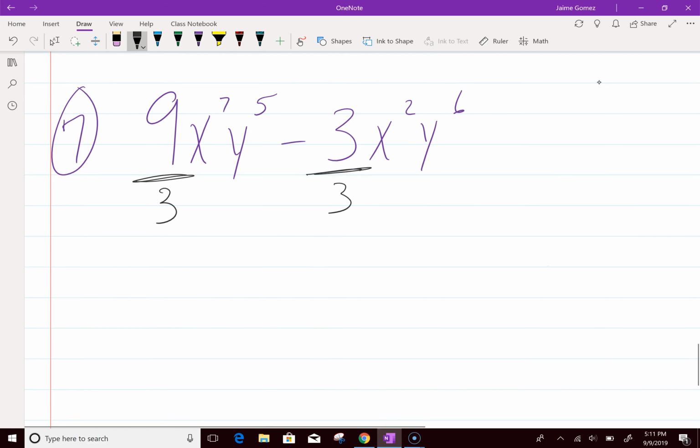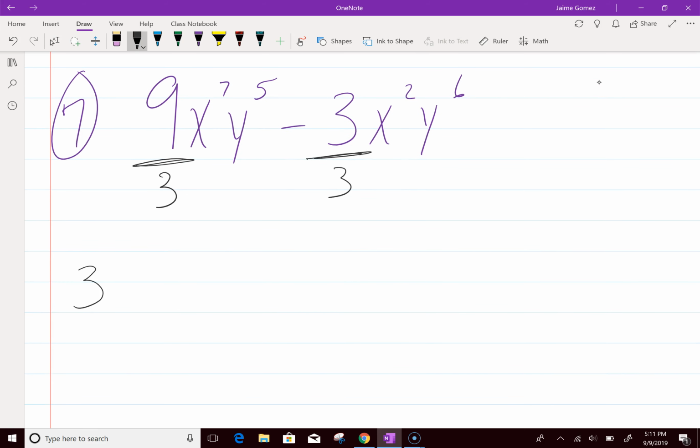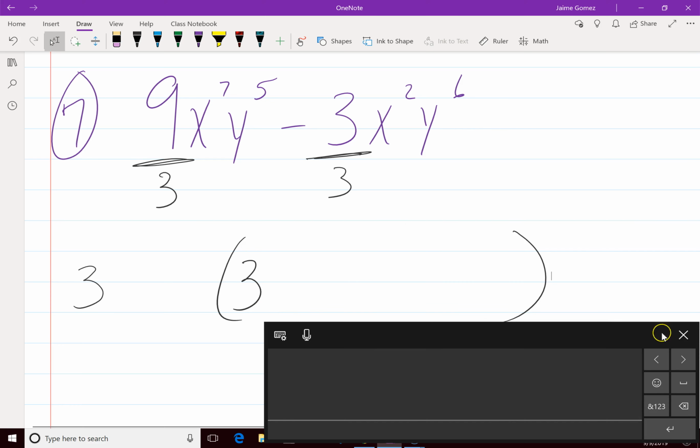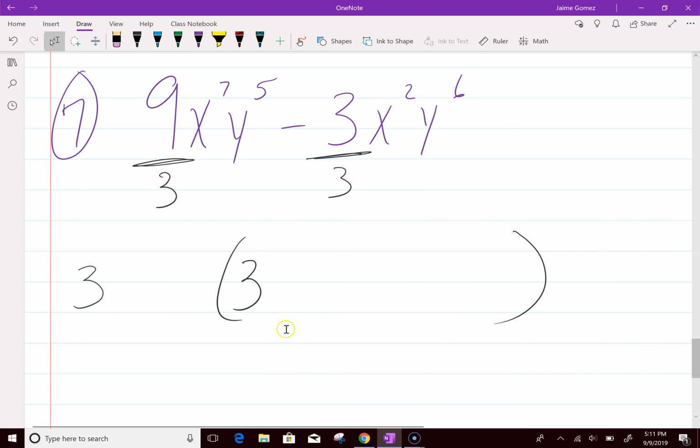Divide them by 3. So 3 goes on the outside. I'm leaving a lot of room for the letters. 9 divided by 3, that's 3. Leave some room for the letters here. Then a minus sign. 3 divided by 3 is 1. I know I don't have to write the 1, but I'm going to put it there for right now.